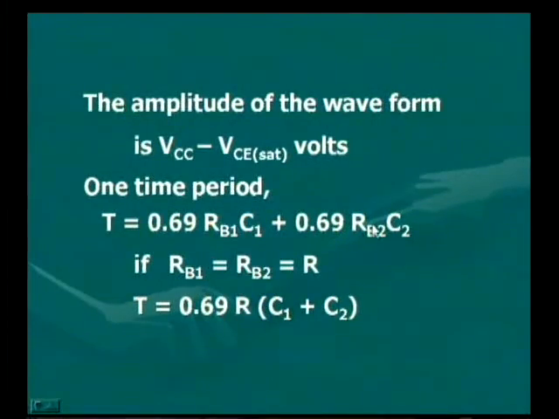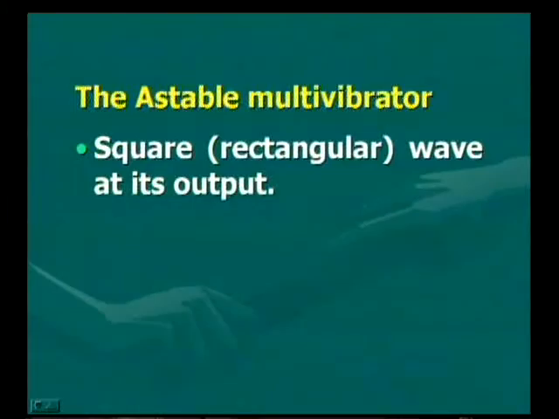If you take RB1 equal to RB2 equal to R, then the output of the astable multivibrator can have a time period T is equal to 0.69 R into C1 plus C2. So we can conclude the astable multivibrator is a square wave generator which can generate the square wave very freely without the need of any applied trigger pulse.